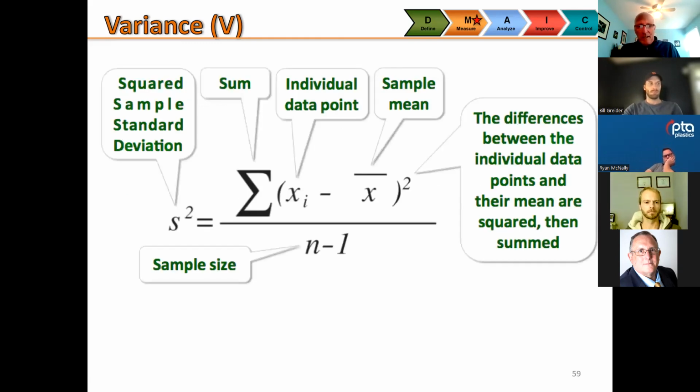And there's the formula for the variance. I take the differences between the individual data points and the mean, square that, sum that up, divide by the sample size minus 1, and that's my sample variance. Again, that translates to two mouse clicks.